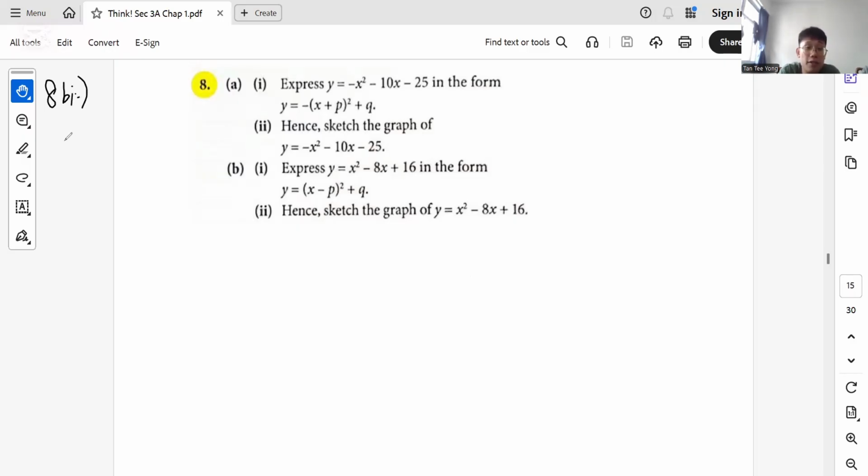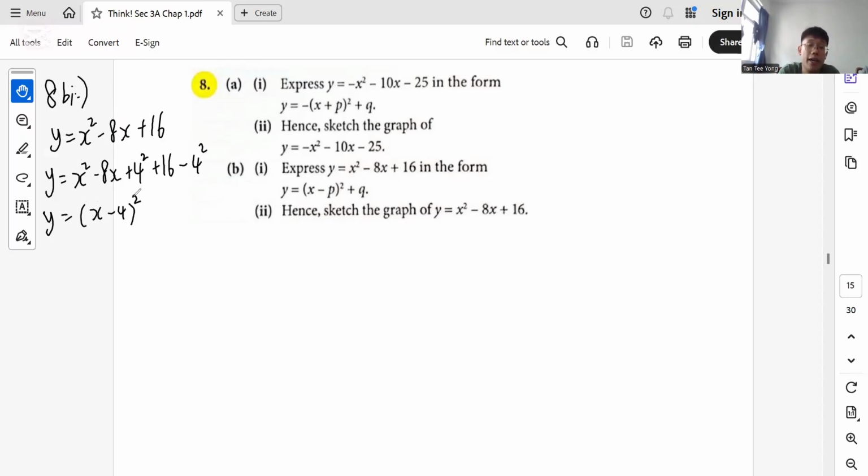So y equals to x squared minus 8x plus 16. So y equals to x squared minus 8x plus 4 squared plus 16 minus 4 squared. This is 0, so y equals to just x minus 4 squared. So this is my completed square form.